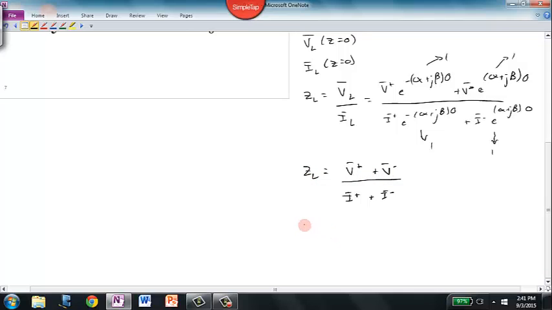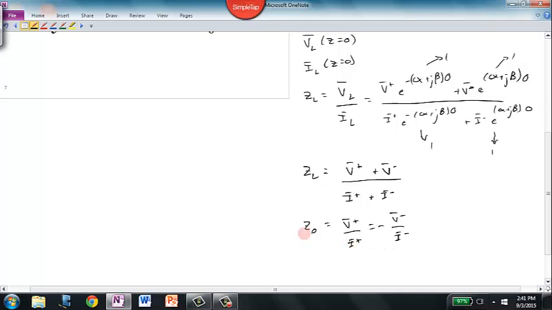By definition, which we showed in a previous video, Z0, the characteristic impedance of the transmission line, is equal to the ratio of the forward traveling voltage to the forward traveling current, or the opposite of the ratio of the reverse traveling voltage to the reverse traveling current.